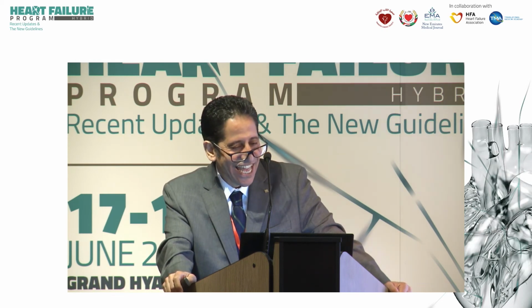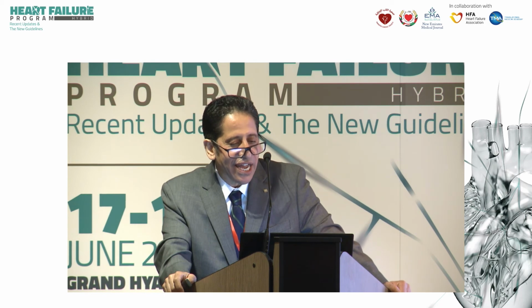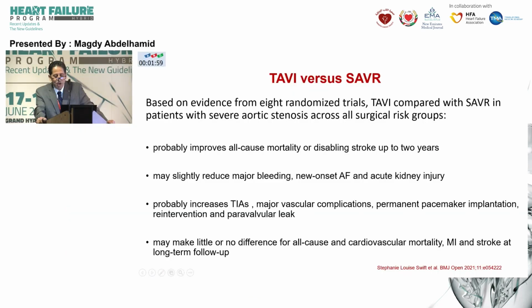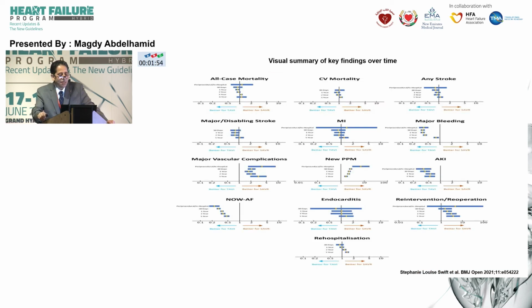And probably increased TIAs, major vascular complications, permanent pacemaker implantation, re-intervention, and paravalvular leak. And this slide summarizes these meta-analyses that TAVI is associated with lower incidence of AKI, new onset atrial fibrillation, and on the other hand, it's associated with major vascular complications and the need for a permanent pacemaker.